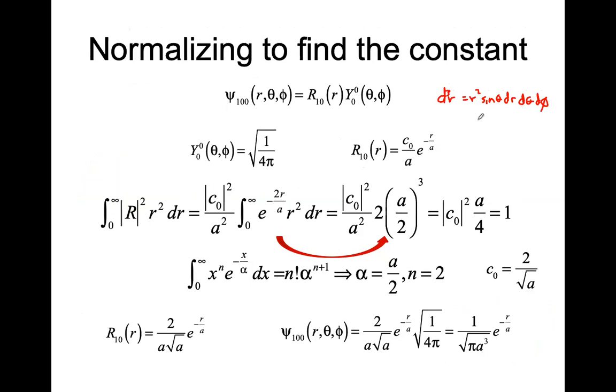Now we said when we're normalizing R, we're going to use this piece and this piece. And when we're doing the angular normalization, we're going to use what I've called d omega, the solid angle, which is the rest of the pieces.